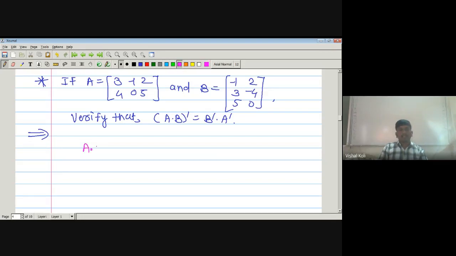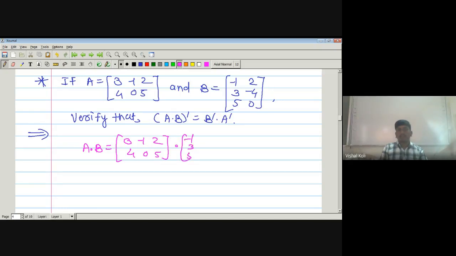A into B is equal to [3 minus 1 2; 4 0 5]. As here the number of columns in matrix A are equal to the number of rows in matrix B, therefore its product will be possible.